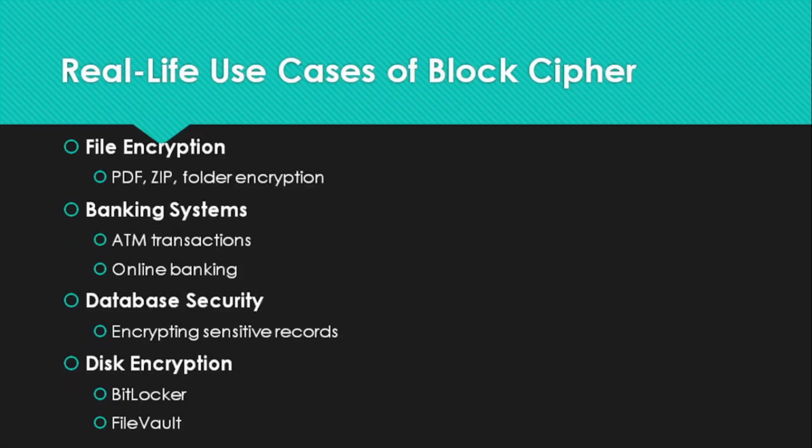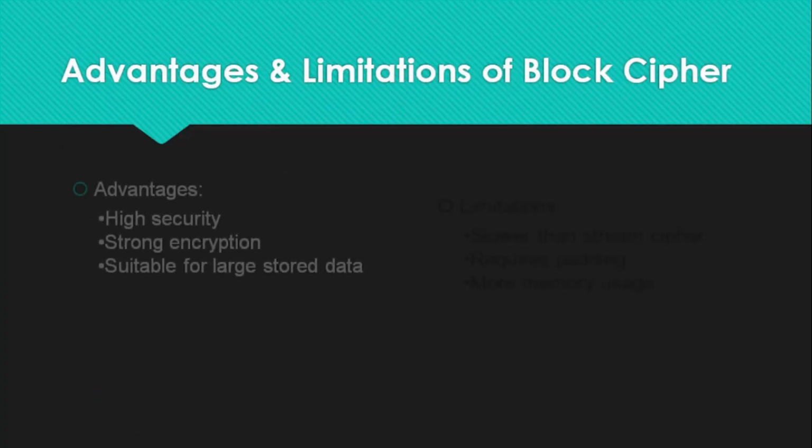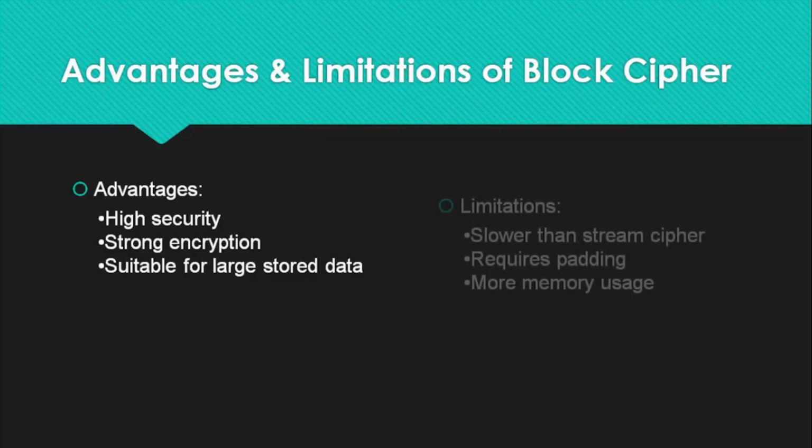Block ciphers are widely used in file encryption, banking systems such as ATM transactions and online payments, database security, and disk encryption tools like BitLocker and FileVault. Block ciphers offer very high security and strong encryption. However, they are slower compared to stream ciphers, and they require padding and use more memory.